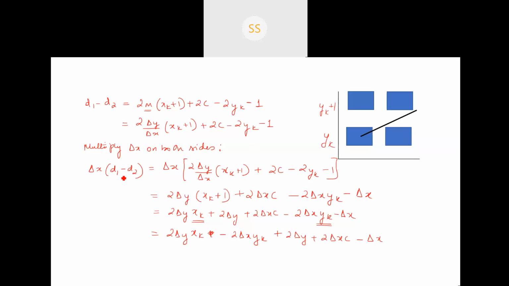Now this decision parameter keeps varying. The left hand side value will always vary on the basis of the values of your xk and yk. These are the two components which are very important in this equation of mine.